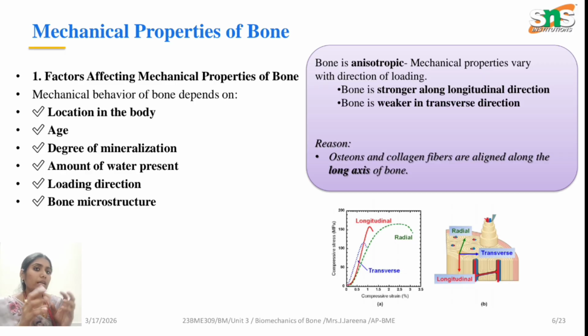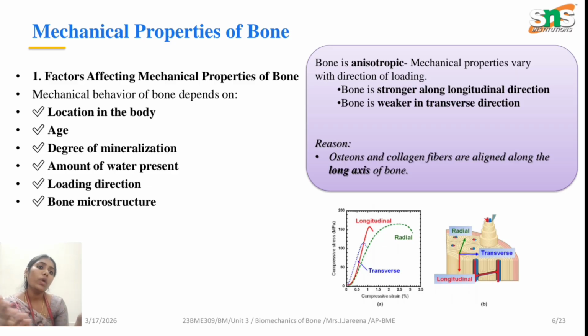The reason is that you have two main components, the osteons and the collagen fibers. If they are not aligned along the axis of the bone, then you can see the variance in bone strength. In the longitudinal direction you are giving the stress along the axis of your bone, that is the compact bone, so the bone offers very good strength.